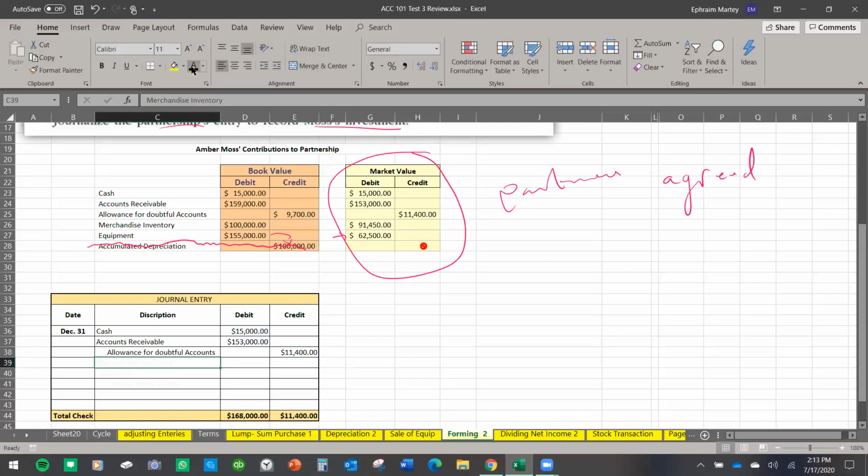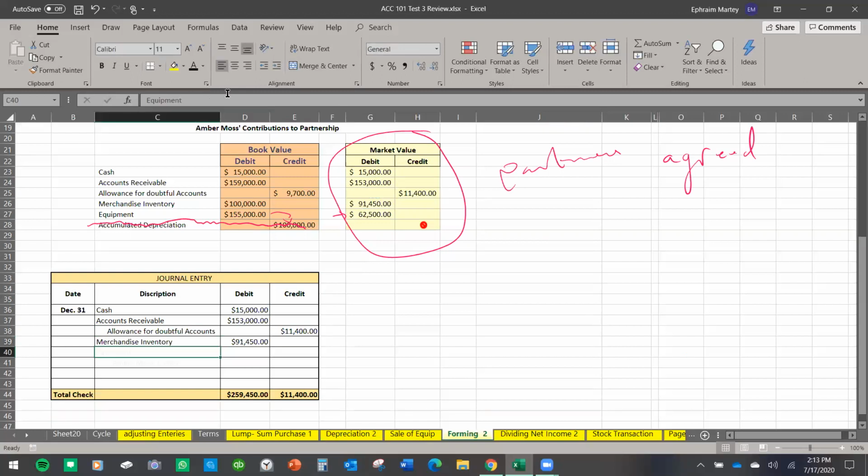For merchandise inventory, although he's bringing 100,000, the partnership agreed at 91,450. And his equipment is now going to be booked again without any accumulated depreciation, at 62,500. So we need to find out how much his credit is. We take everything on the left minus everything on the right, because this is a credit account.